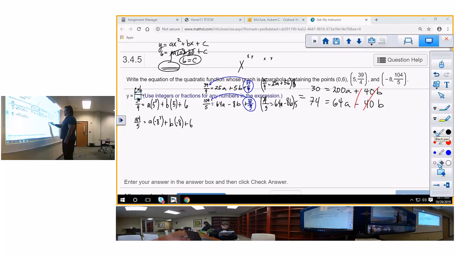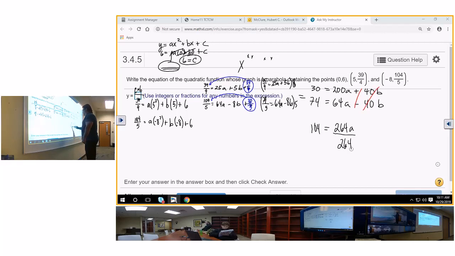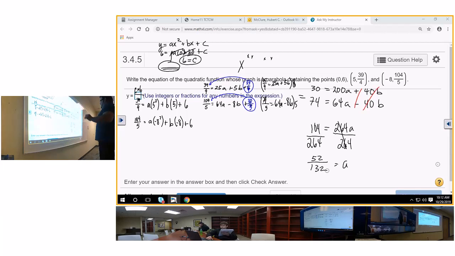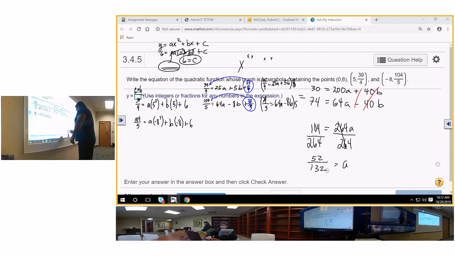Good job. And 104 is equal to 264A, divided by 264, divided by 264. A is equal to 52 over 132, 26 over 66.